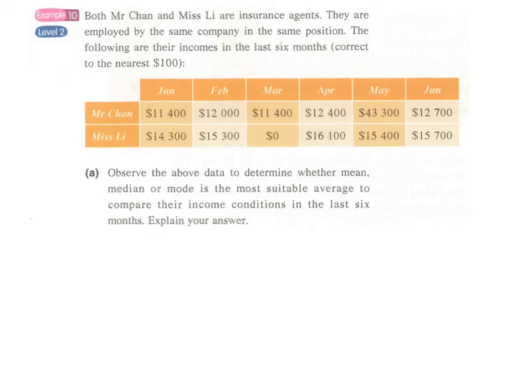The most obvious thing is to observe the extreme data, since the mean is easily affected by extreme data. If we can locate these extreme values, then the mean is absolutely not suitable. And therefore we have to rely on the median.